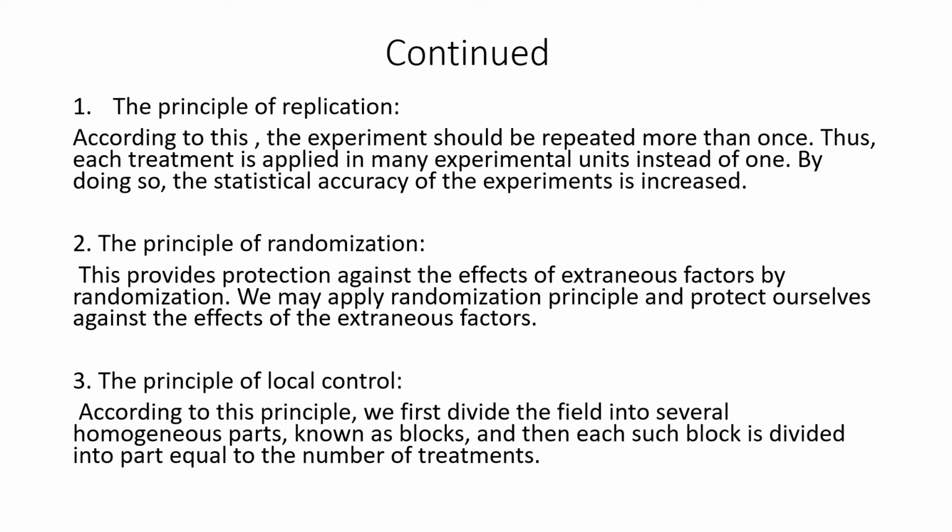According to this principle, we first divide the field into several homogeneous parts. If we have selected one class, or we have to select three classes, we need to divide them into different sections, different groups. If we are conducting experimental research, we need to divide the groups into an experimental group and a control group. So we have to control the situation.